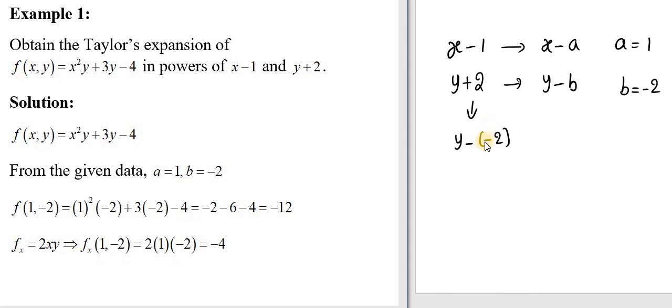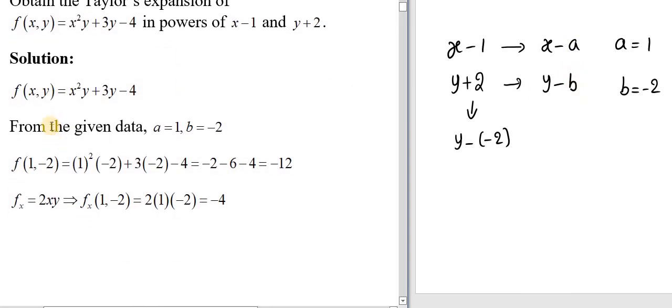So, the b value is minus 2. Now we have a value and b value. How do we get a value and b value? Here we have x minus 1 and y plus 2. Compare x minus 1 with x minus a, y plus 2 with y minus b. Then you are going to get a and b values.